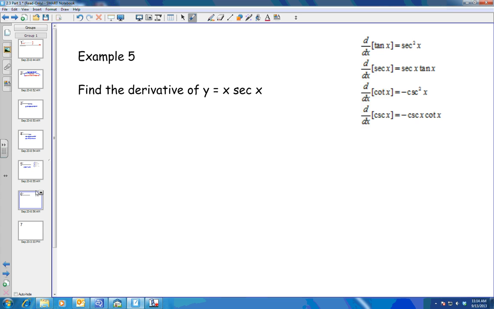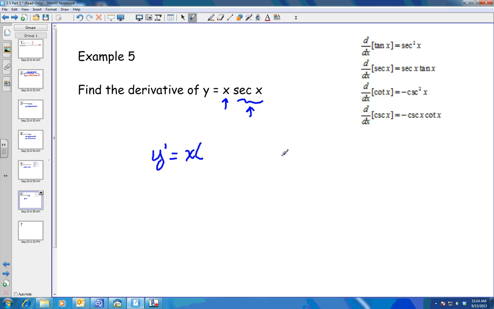Example 5. Find the derivative of x times secant x. So this time, this will be the product rule. Okay, here's my first term. Here's my second term. So y prime equals my first term times the derivative of my second term.